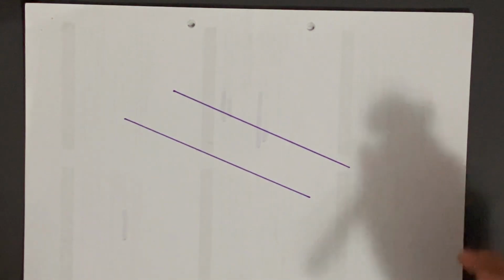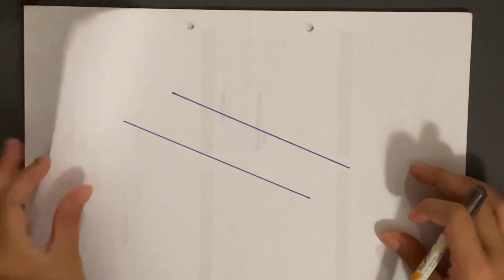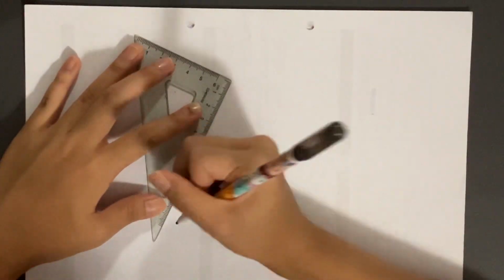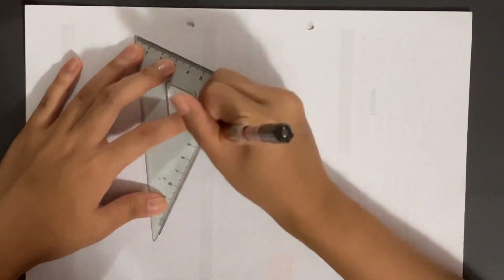So, how do I draw a parallel line? Let me just use my set square to draw a line. If I have a line here, and I want to draw another line that is parallel to this line, how do I do it?